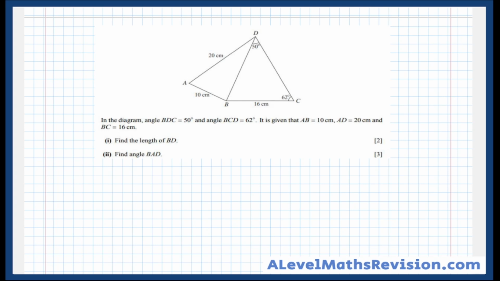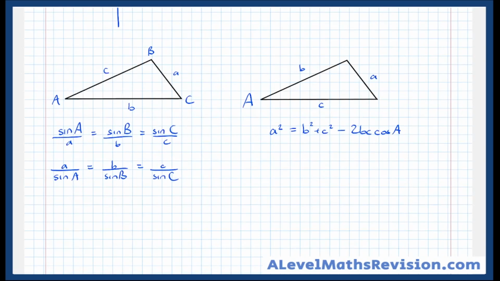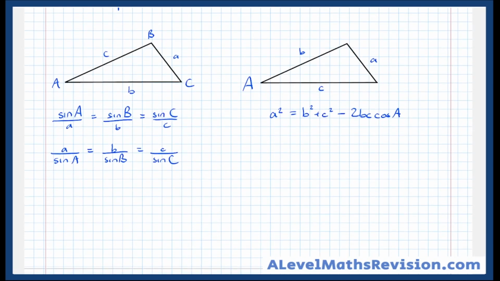And our first example will be this exam question here. So it says in the diagram, angle BDC is 50 degrees. Angle BCD is 62 degrees, and it's given that two of the sides, AB, are 10 and AD is 20. So find the length of BD. So looking back up these rules here, well, when to use the sine and cosine rule?